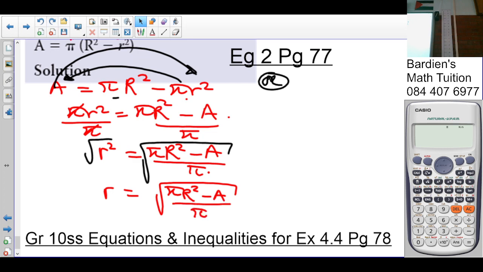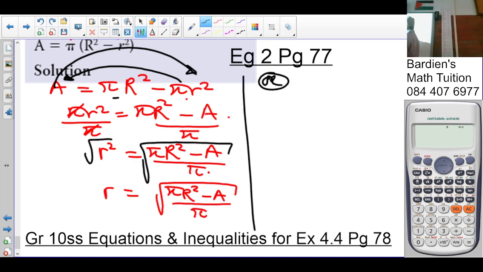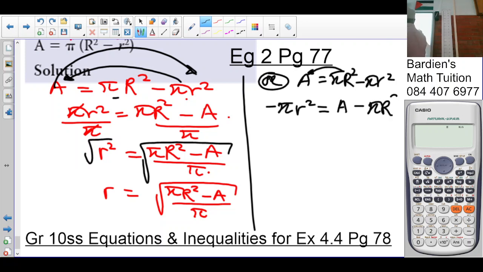Okay, so the other way, if I had gotten A is equal to pi R squared minus pi r squared, and I took that to that side now, then what do we have? Negative pi r squared is equal to a minus pi R squared.